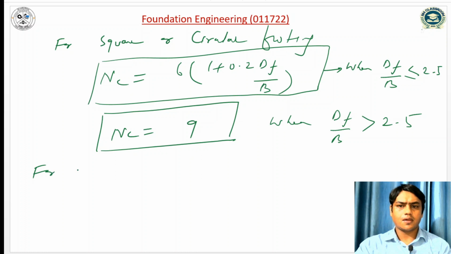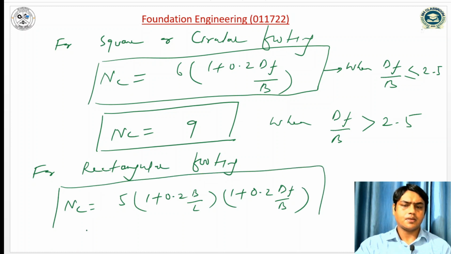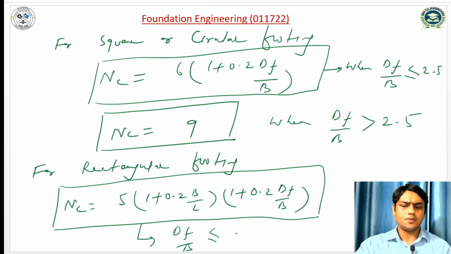And similarly for rectangular footing, Nc is equal to 5 into (1 + 0.2 B by L) into (1 + 0.2 Df by B). So this is the expression of bearing capacity factor, but this formula is applicable when Df by B is less than 2.5.